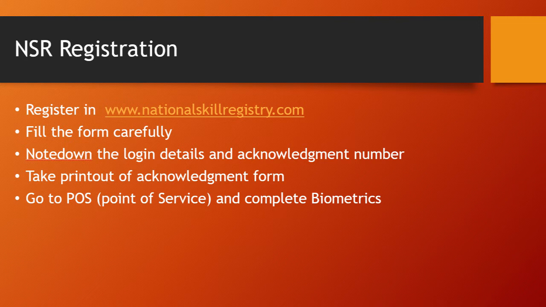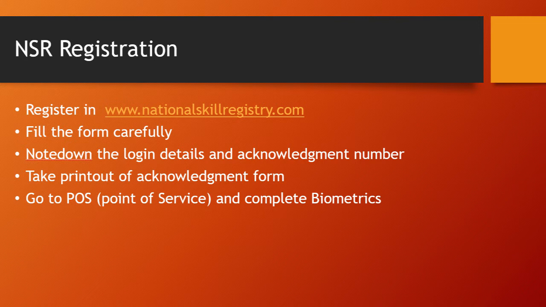After that, you should take the printout of the acknowledgement form, which is mandatory, because you should submit this acknowledgement form at the POS center. Then go to the biometric center, that is the point of service. If you need any details of point of service centers, the link will be given in the description.